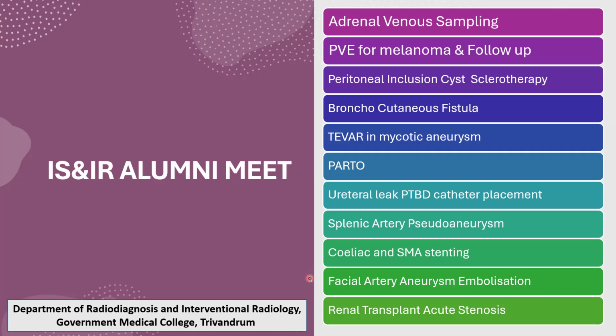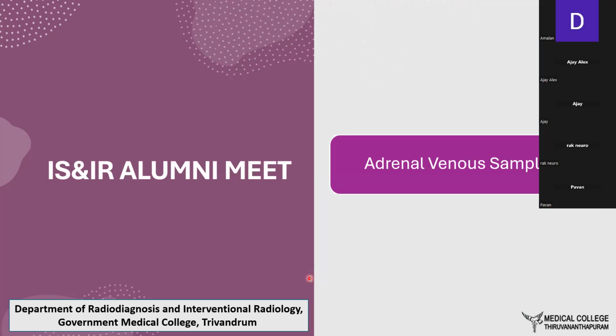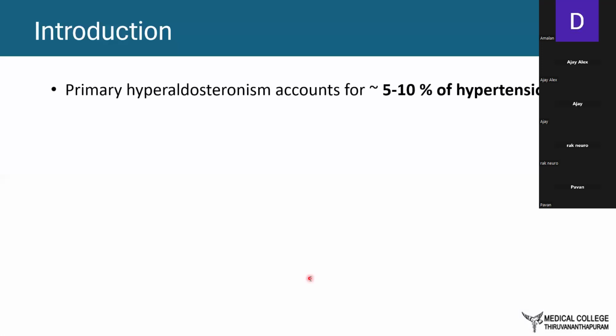We'll start off with one of the endocrine cases, a case of adrenal venous sampling. Feel free to interrupt me in between if you have any queries, or towards the end, at your convenience.